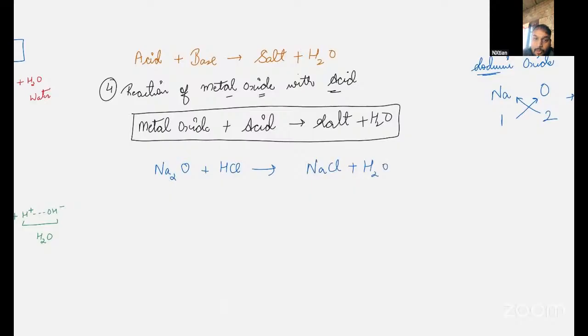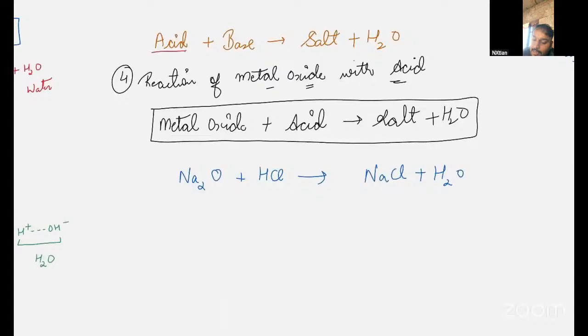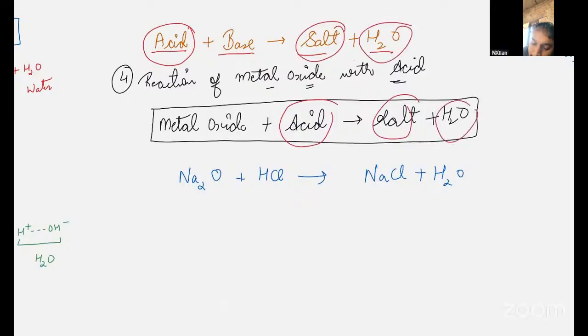So now what is this? We know that right now we learned acid reacts with base to give salt and water. This is acid, this is acid, they both are acid. And the salt is there, water is there. But metal oxide is reacting with the acid, so it means that metal oxide is basic in nature.